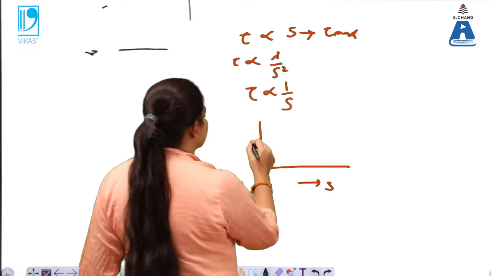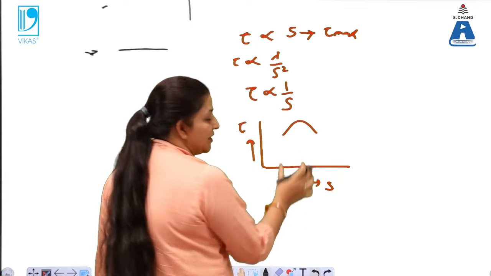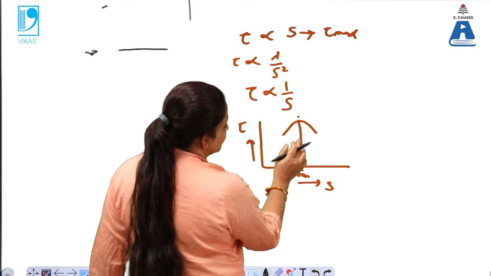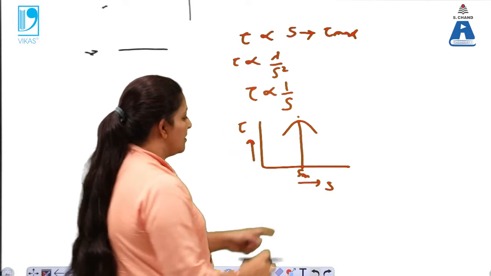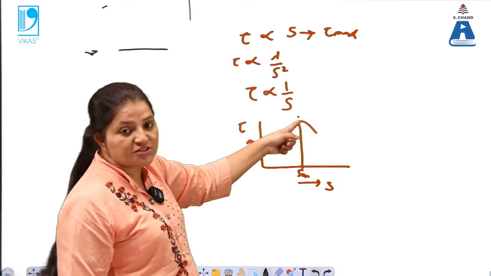So if this is the slip and this is the torque, this is the medium portion, and this is SM. SM is the medium value of slip at which the torque attains its maximum value.